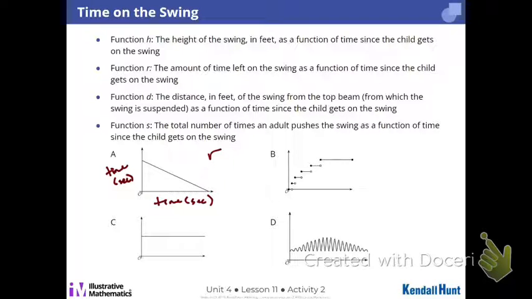Okay, B. Zeph, which one do you match B with? I match S. Function S. So what'd you put for your x-axis? For my x-axis, I put time. Time in seconds. Then what about your y-axis? For my y-axis, I put the amount of times that the adult pushes. Yeah, pushes, right? And then let's make sense of what this function looks like. Do you see how the amount of time between pushes gets longer and longer?